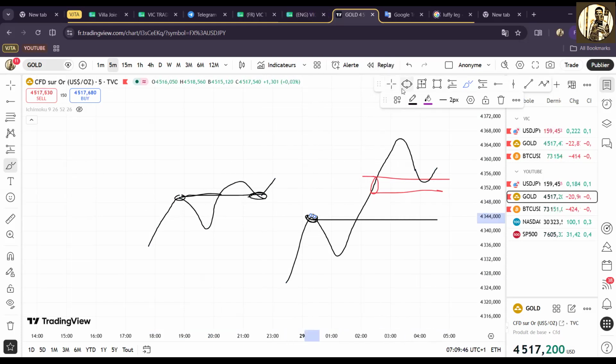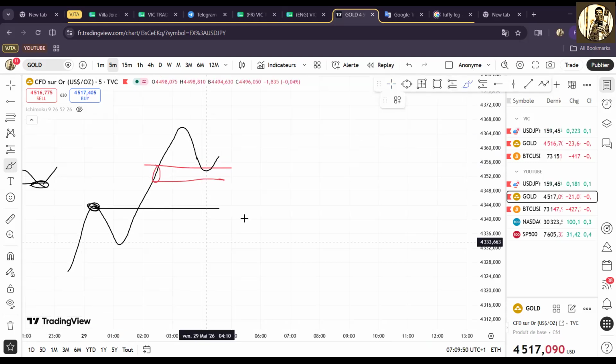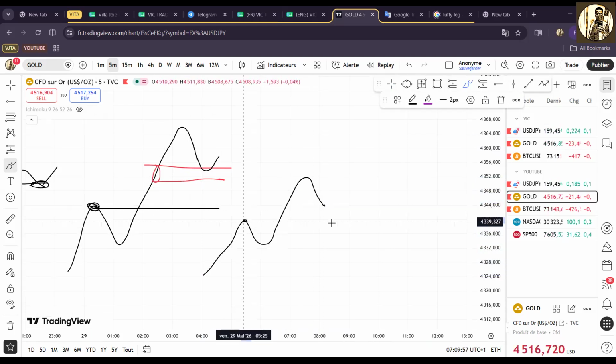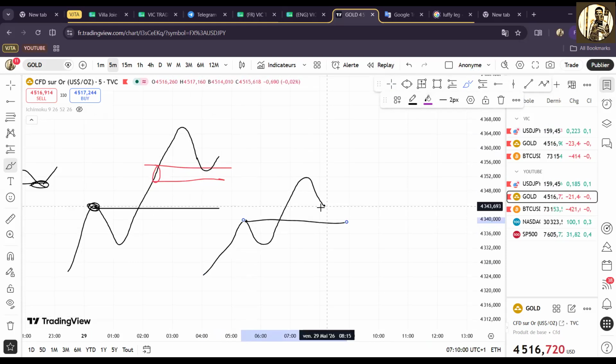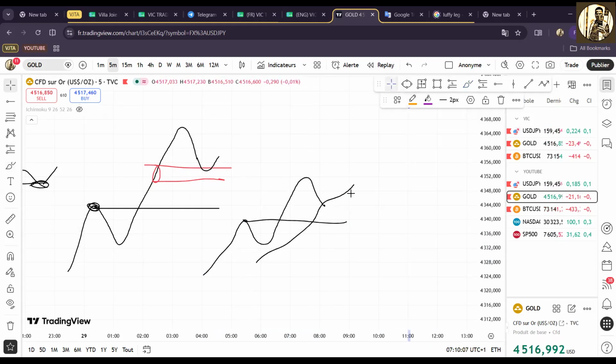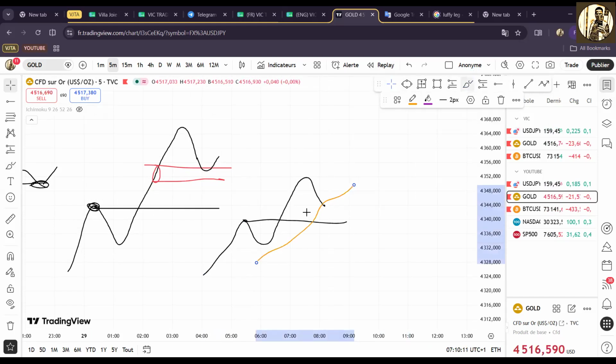Or the last possibility is that the price moves to the upside like this and then touches Ichimoku. So this is the high that has been broken. The price will not come back to that high, but you will see an Ichimoku line like the Tenkan, for example, being touched at this level.